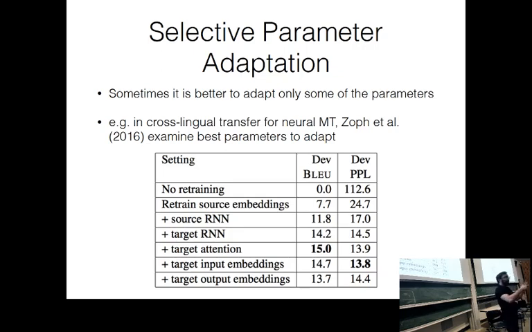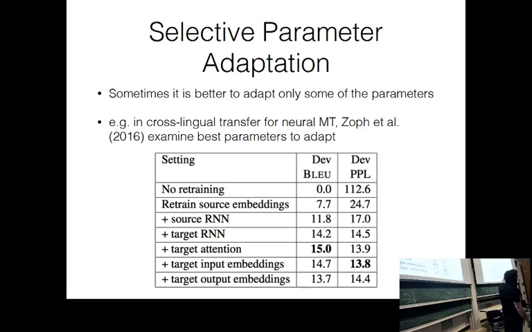If you only retrain the source embeddings, they were able to get from 0 to 7, and all the other parameters are the same. The source embeddings ended up being super important. You cannot not update the source embeddings. Depending on which components they updated, you get different results.